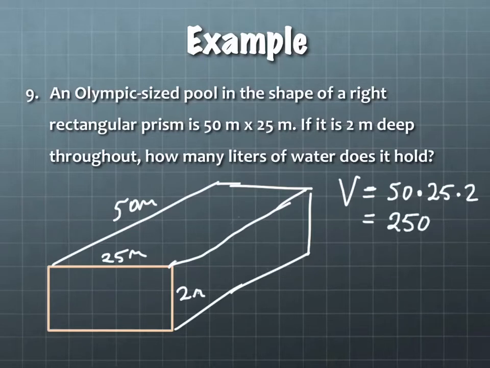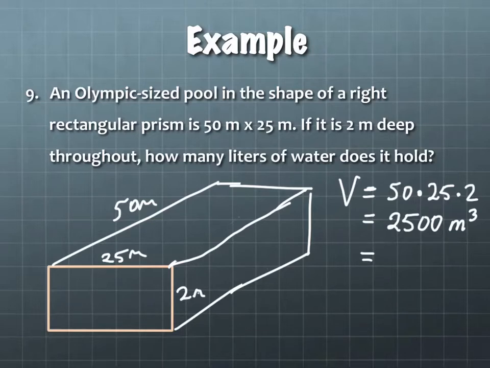Close. I think it's 2,500. You're off by one decimal place. 2,500 what? Meters cubed, which isn't exactly a liquid measurement. Like, we don't think about that, right? So our liquid measurement would be the same as capacity or liters. I need to turn this into liters.